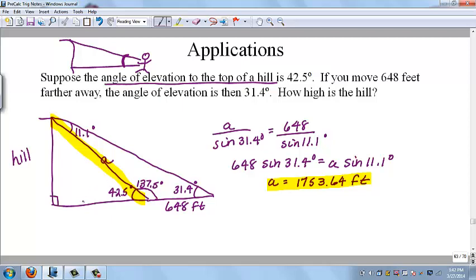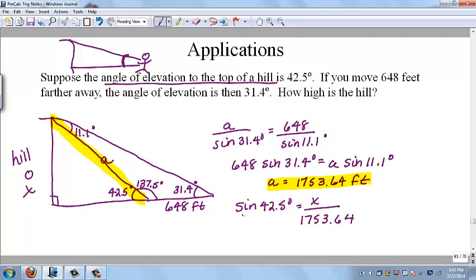Okay? Now, I'm very, very happy because I know what this is. Since this is a right triangle, I can use SOHCAHTOA. So I've said, all right, here's my angle. I'm looking for the hill, which is opposite, and this is adjacent. So I can actually say the sine of 42.5 degrees is equal to opposite, the hill, which I don't know. We'll call this x, over A, which is 1753.64.